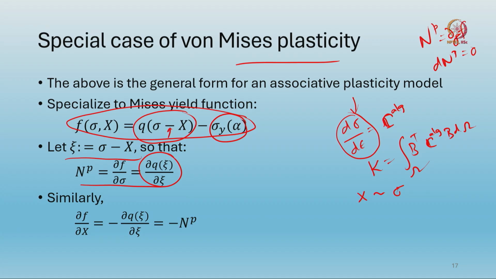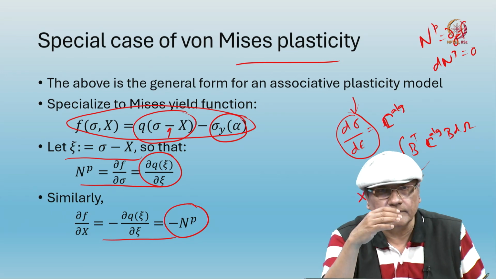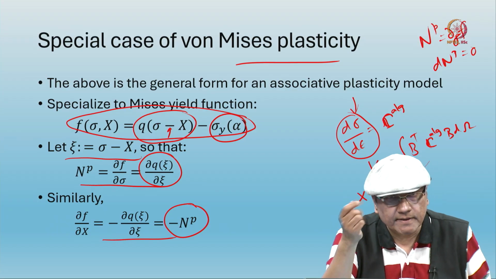So therefore del f by del X is minus del Q by del xi. So basically that is nothing but minus NP, the negative of the flow direction. So both of this information I need. So you remember that del f by del X is related to my h in the last lecture. If you have forgotten it, or if you don't recall it properly, then go back and check.